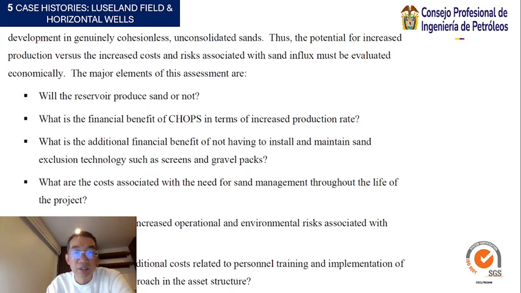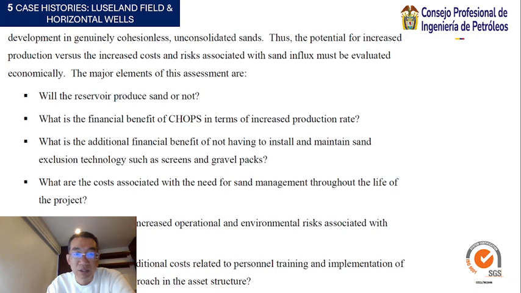The major elements of this assessment are whether the reservoir produces sand or not, what is the financial benefit of CHOPS in terms of increased production rates, what is the additional financial benefit of not having to install and maintain sand exclusion technologies such as screens and gravel packers.